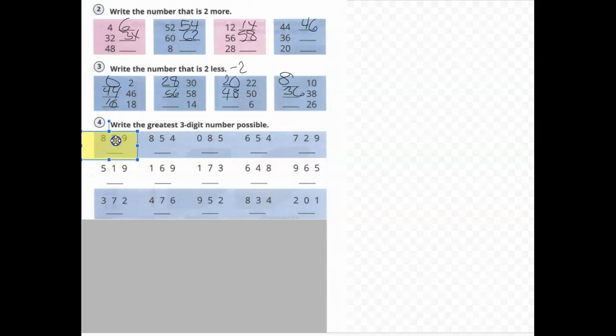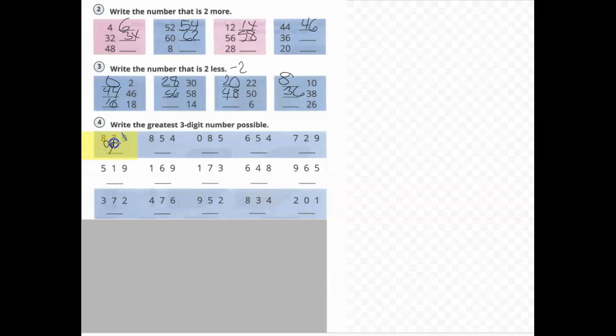So we have an 8, a 7, and a 9. Now, when we're trying to write the biggest number we can possibly write, we want to write the biggest digit we have first. So what's the biggest digit? 8, 7, or 9? 9 is the biggest. So we want to start by writing our 9. And we've used up our 9. So now what's our next biggest number? 8.